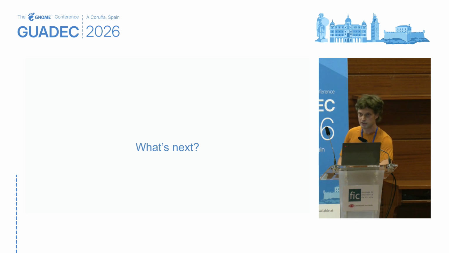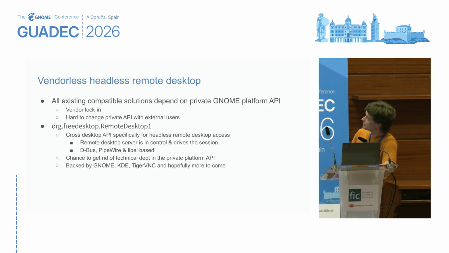So what's coming next in the remote desktop world in GNOME? Let's see. One of the focus areas right now is get rid of the somewhat vendor-locked APIs that we have now. So everything that I mentioned when it comes to the headless access has been using our own GNOME prefixed private platform API.